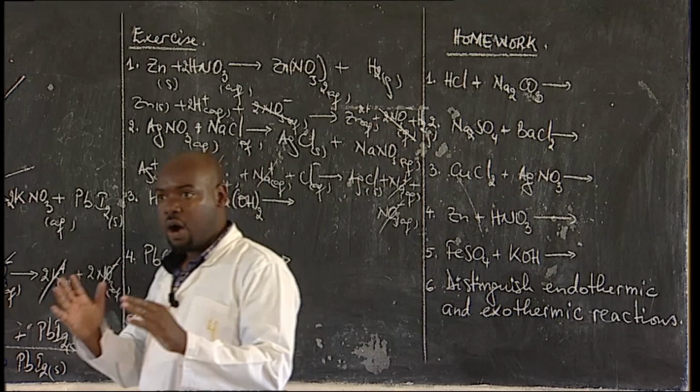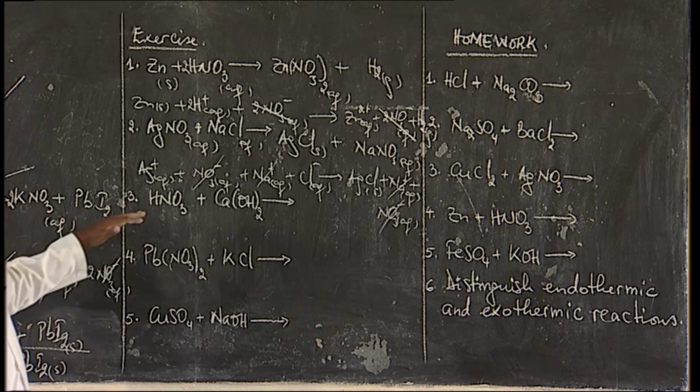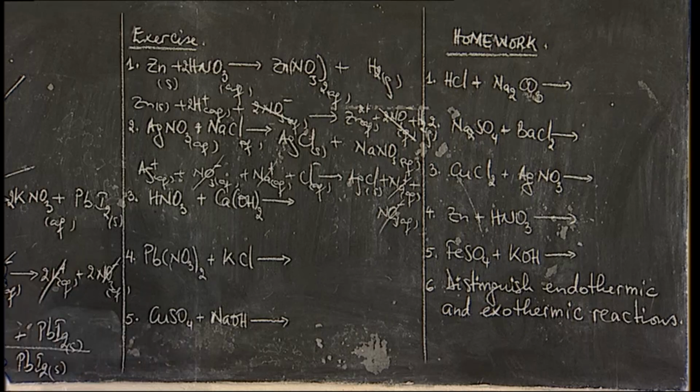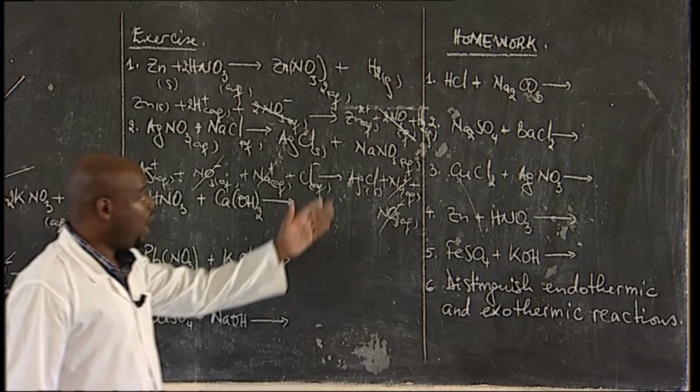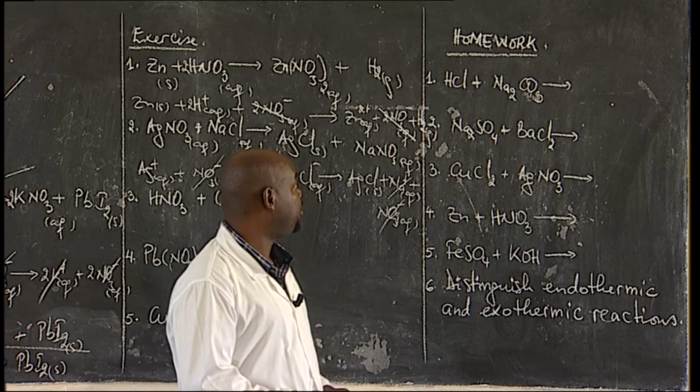So that is how we write the ionic equations. Remember, we write ionic equations for single displacement reactions or single replacement reactions and double replacement reactions only. For other reactions, it's not possible. So here you have more exercises to try, and here we have the homework you will do when you get time.